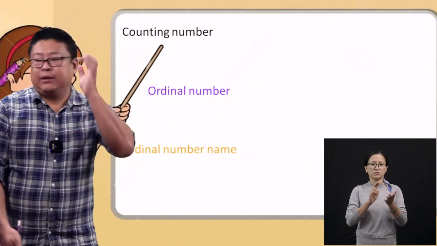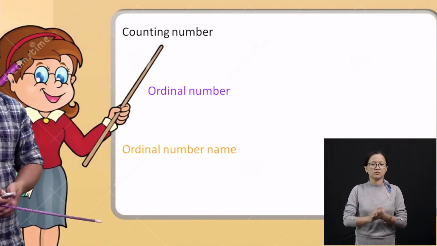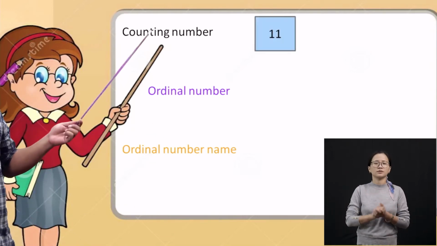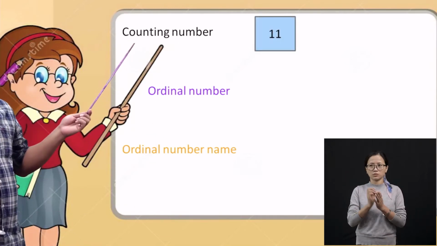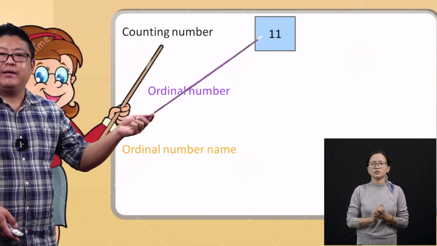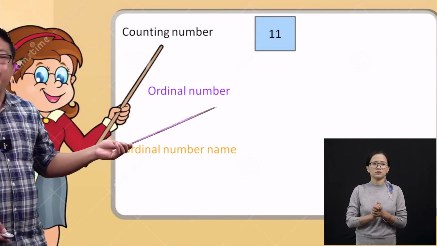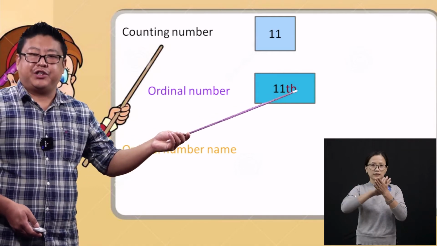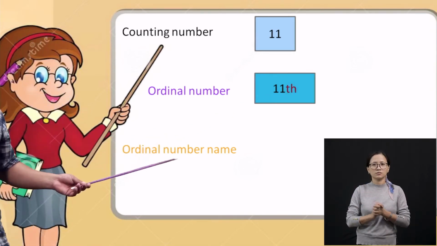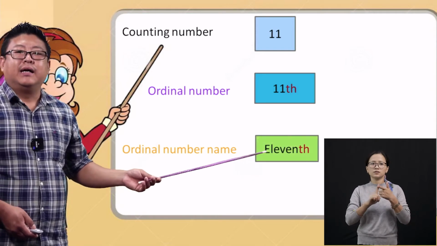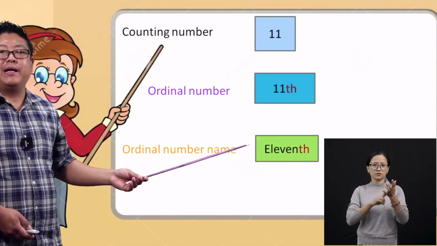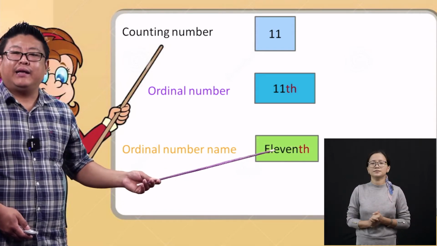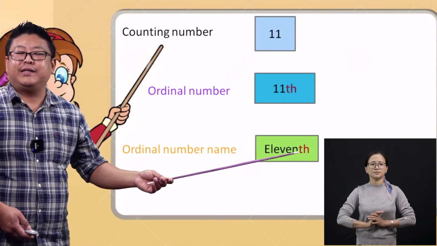Now, we will also take a quick recap of some double-digit numbers. Counting number 11. The ordinal number for 11 is 11th. The ordinal number name is pronounced as eleventh. The spelling is ELEVENTH.